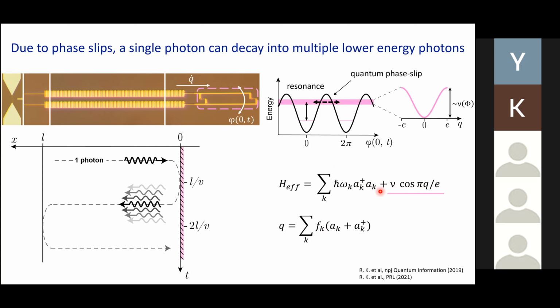And you can straight away see that this cosine term will have many different combinations where, for example, one photon in mode k can be annihilated, and 2 and 3, 5, 7, and so on, lower frequency photons could be created, just like shown here.